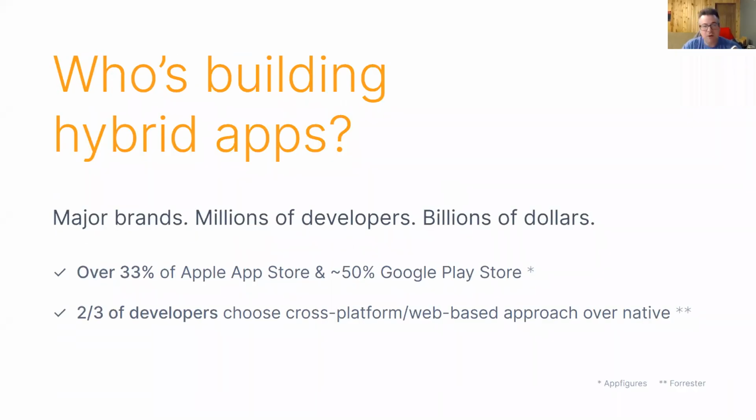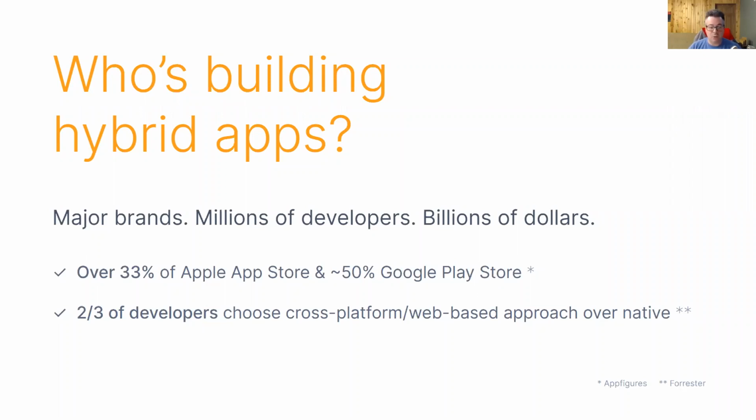And you might say, well, that sounds great, Matt, but are developers really embracing hybrid? Isn't native the best way to build apps, because of all those pros of native? As we see from a couple different stats here, we were delighted even ourselves to learn recently, from App Figures, digging into the App Store and Google Play install metrics, that in fact, over 33% of apps on the App Store and 50% of apps on the Google Play Store are hybrid based.